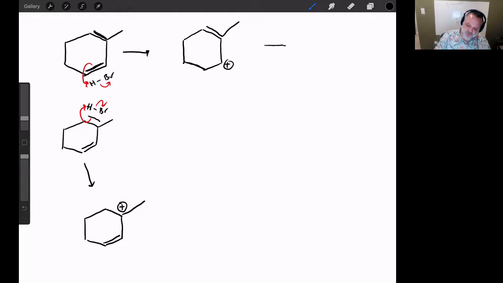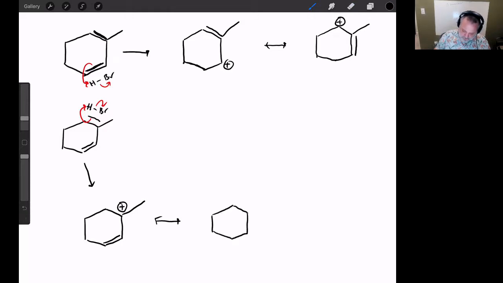Okay, and so now we know that each one of these things has a resonance structure. This one has this resonance structure. And this one has this resonance structure. And so it leads to the first set of products. And so I've got this product.